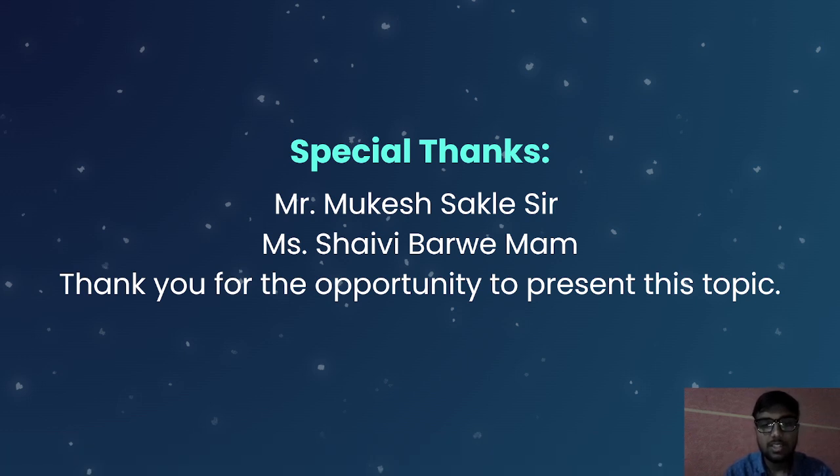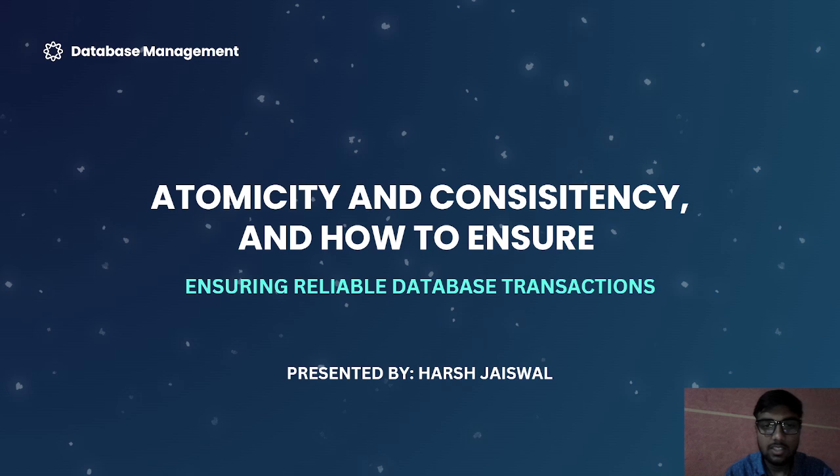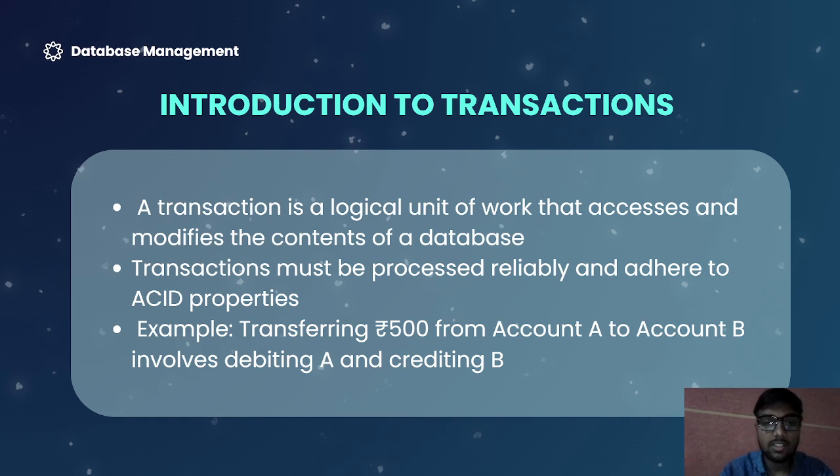Alright, let's dig into the topic, and we will also see how it ensures reliable data transactions. A transaction is a logical unit of work in a database, like transferring 500 from one bank account to another.